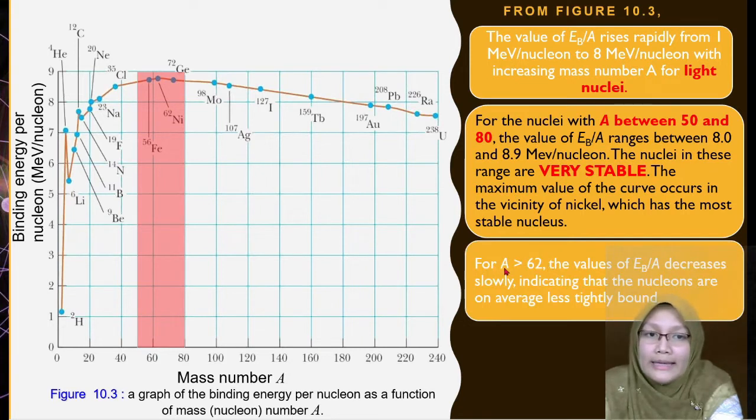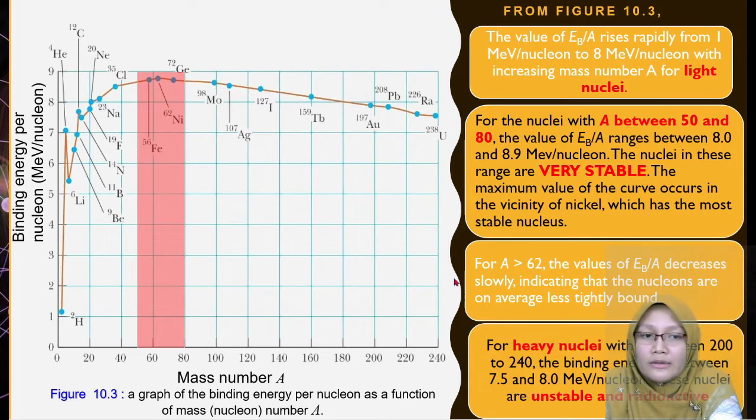Okay, for A more than 62, the values of EB per A decrease slowly, indicating that the nucleons are on average less tightly bound. Kat sini hampir juga sama, average dia less tightly bound.